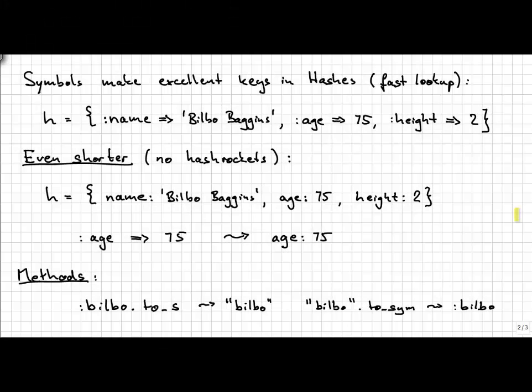Symbols make very good keys in hashes, and that's what they're most popular for, because they provide faster lookup than if we used, say, strings as keys into our hashes. And so we can use symbols such as :name or :age or :height as indices or keys into our hash maps. And we can write this even shorter in Ruby.